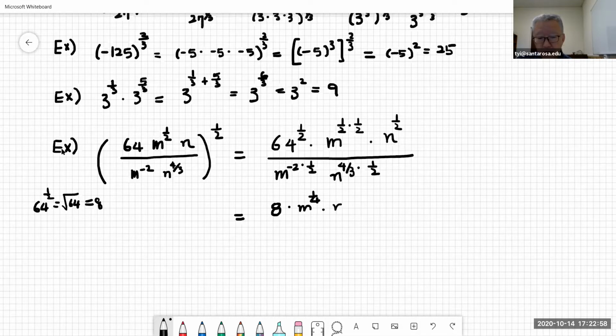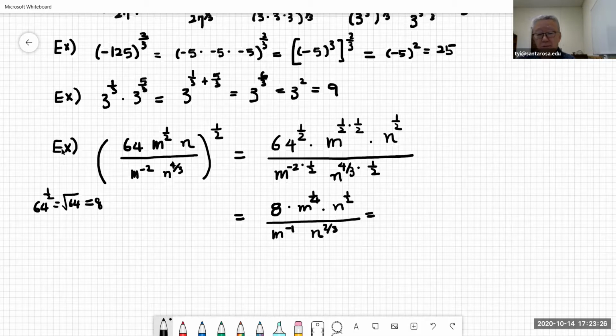Then n to the 1/2. Now at the bottom, you got minus 2 times 1/2, so you're just going to get m to the minus 1. And the 4/3 times the 1/2, so that would be n to the what? 2/3. Okay.